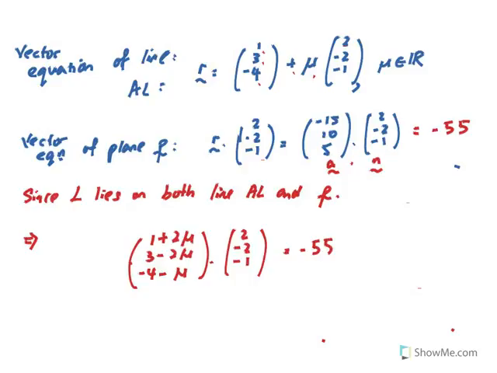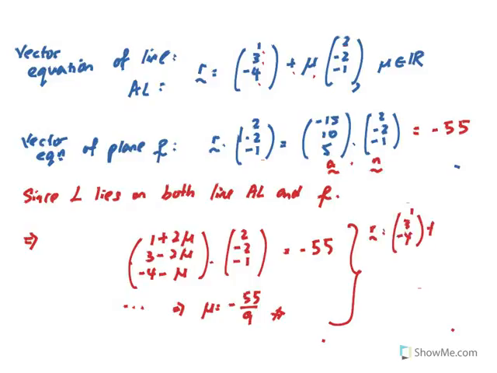And from here, if I solve this, I hope you can do this by yourself. Your mu will be negative 55 over 9. This parameter mu gives you the point of intersection L. So from here, you just sub it back: r equals 1, 3, negative 4 plus negative 55 over 9 times 2, negative 2, negative 1.